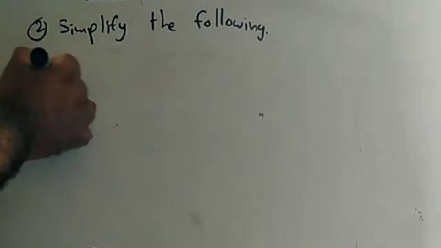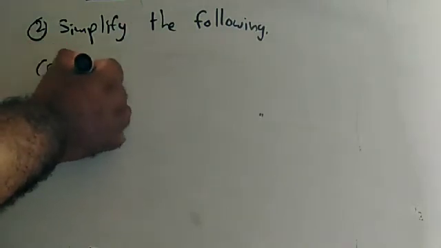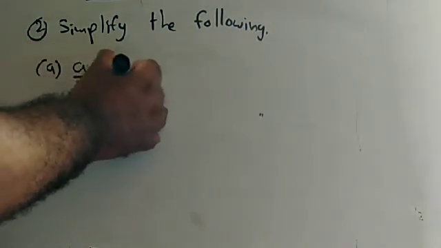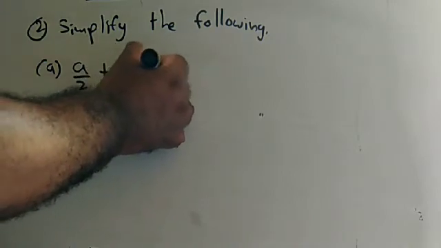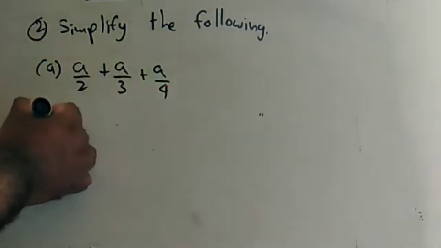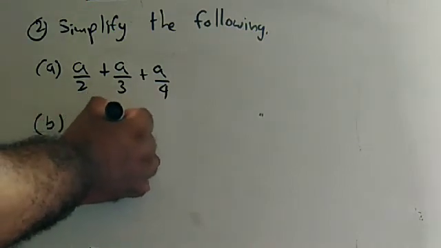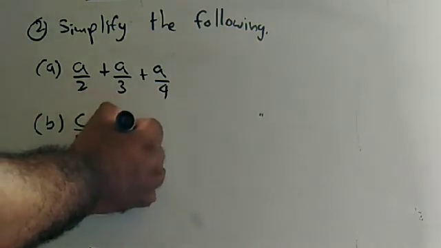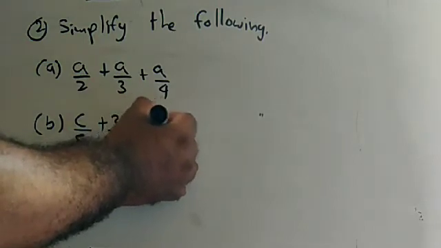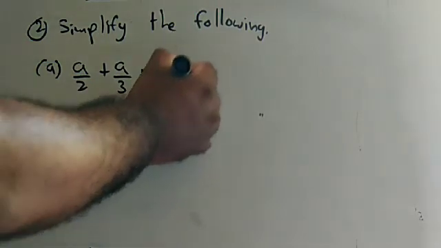A, copy down this: a upon 2 plus a upon 3 plus a upon 4. B, c upon 5 plus 3c upon 10 plus 2c upon 15.